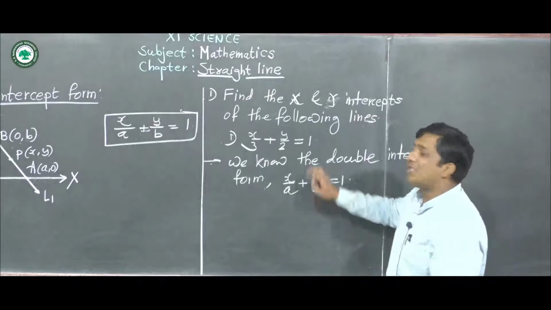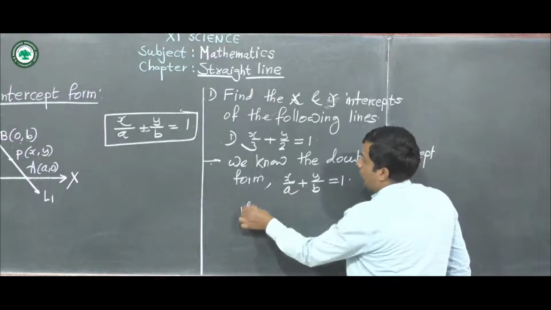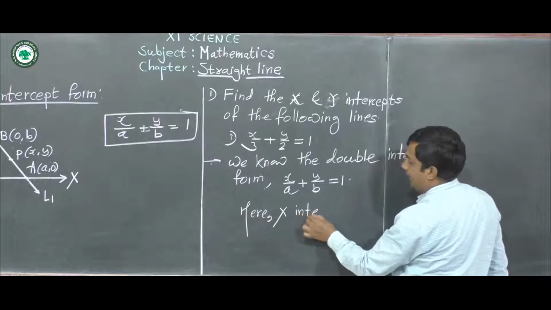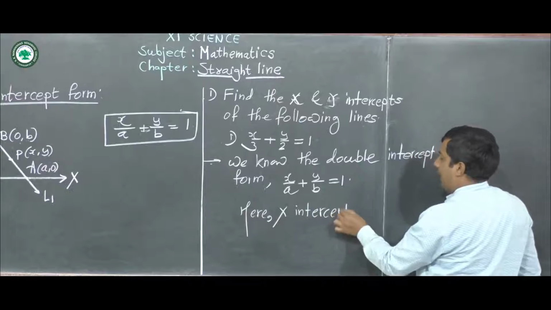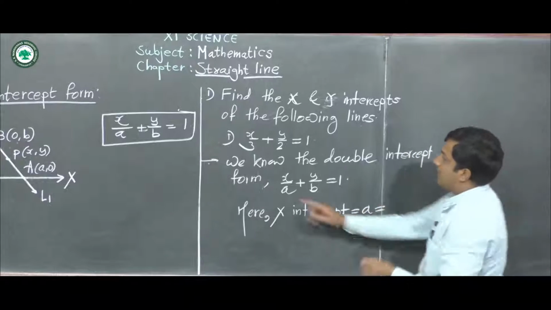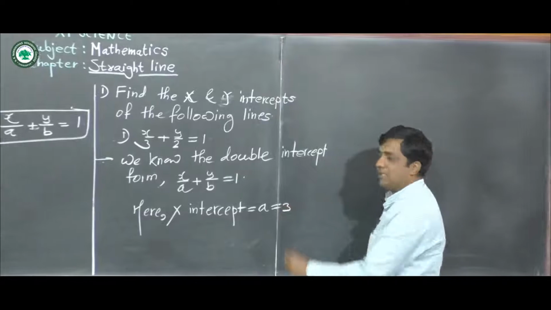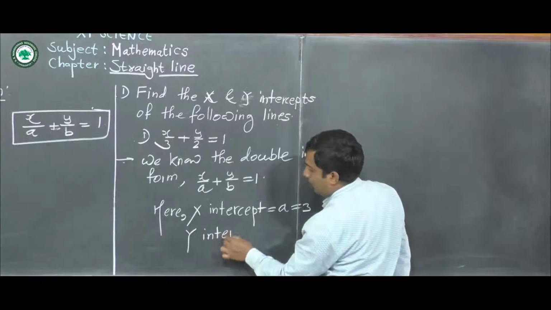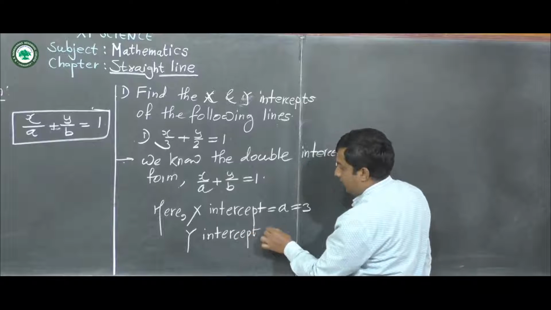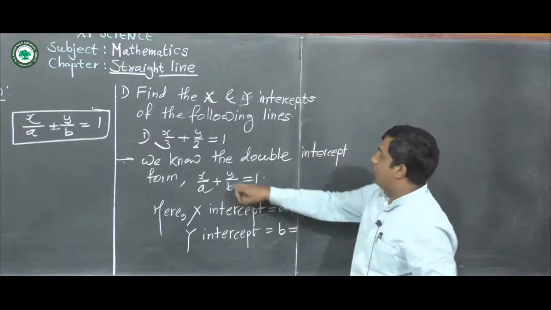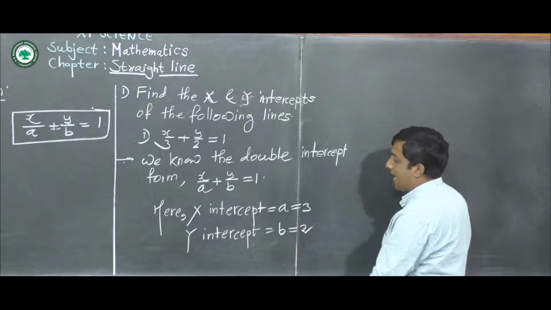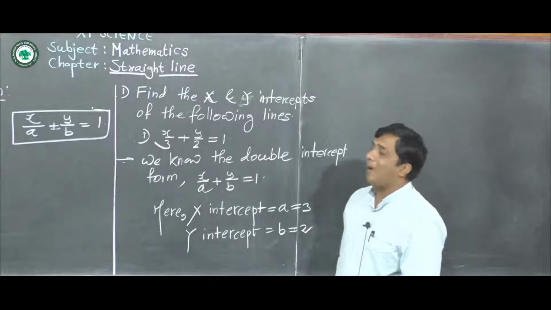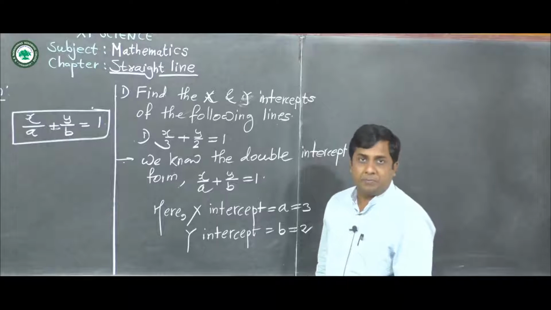If we compare these two equations, we get the x and y intercepts. Here the x intercept is a, and a is 3. Then the y intercept is b, and if we compare these two, we get b as 2. Okay, so we found the x and y intercepts.